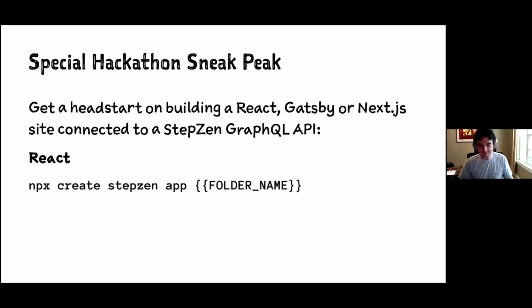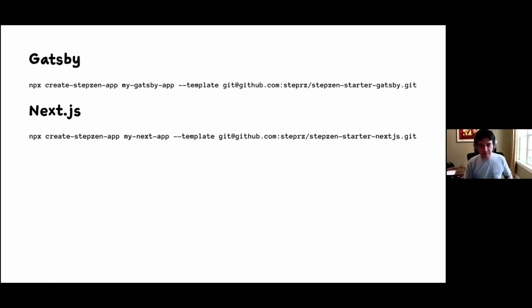This is something I wanted to tell you about because I think it'll give you a little bit of a head start. You don't have to use it at all. This is create-stepzen-app. If you run npx create-stepzen-app, and then you put a folder name that you want it to create, we have examples that'll show you how to create a React app, a Gatsby app, or a Next.js app that are all already connected to a GraphQL API using StepZen.